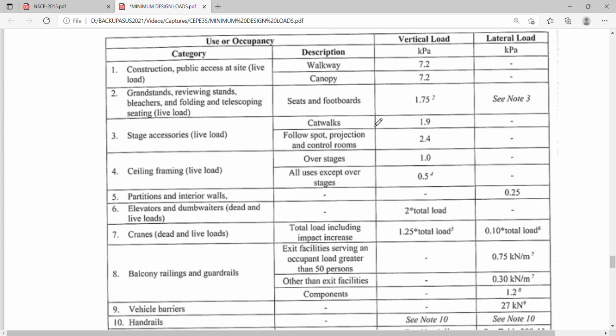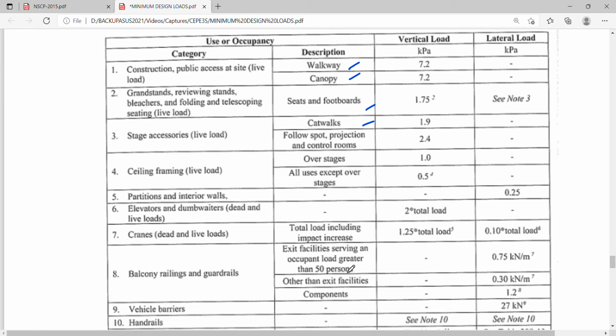So walkways and canopies for construction. Okay, grandstand, these are the seats and footboards. So these are the vertical and the lateral loads. Okay, so if you want to make specifically some computation on catwalks, on stage accessories, just look into this description here.